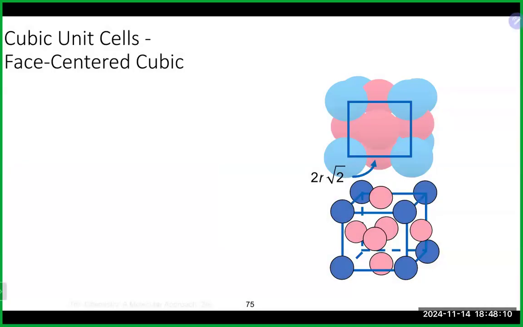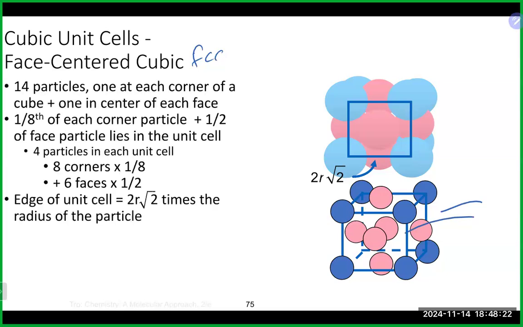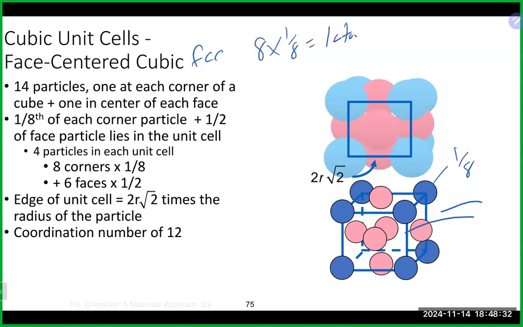The last type of unit cell is the face-centered, abbreviated FCC. In this one, we still have in each of the corners our 1/8 of an atom. So just like in all the others, we have basically 1 atom that's made up of all the corners of this cell.